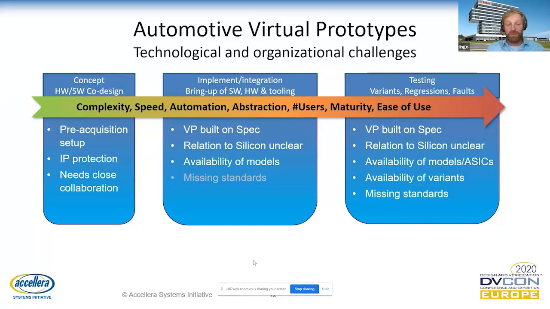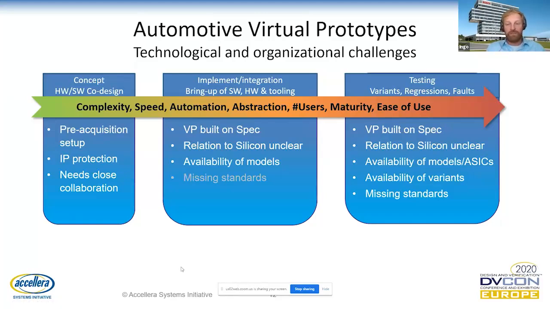So you need a very close collaboration, and it's the phase that is the least established at the moment, because it relies on bilateral setup, and these cost a lot of time, which reduces the effective use of virtual prototypes in this phase a lot.